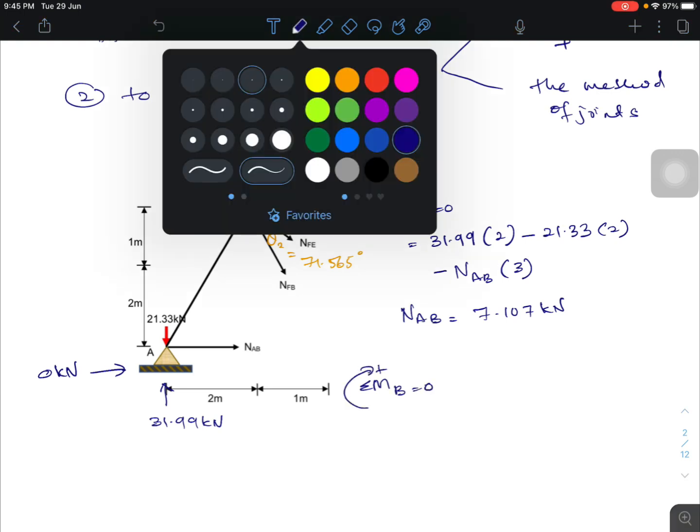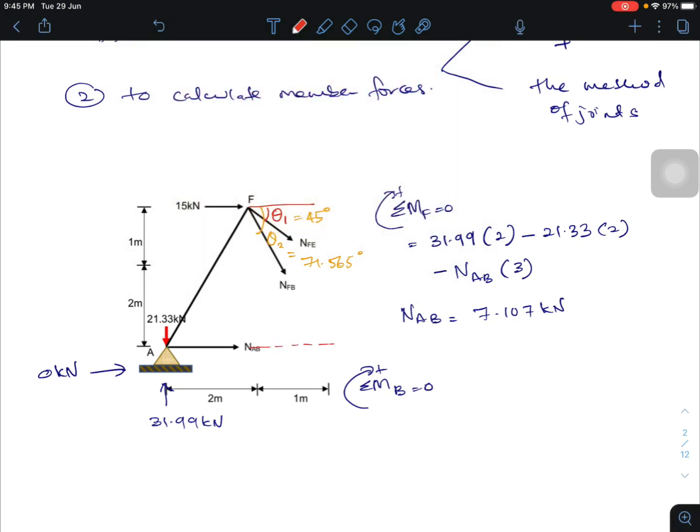Next, I prefer to take moment at B equal to 0. This one is joint B, so NFB and NAB will not be included in the construction of this equation.